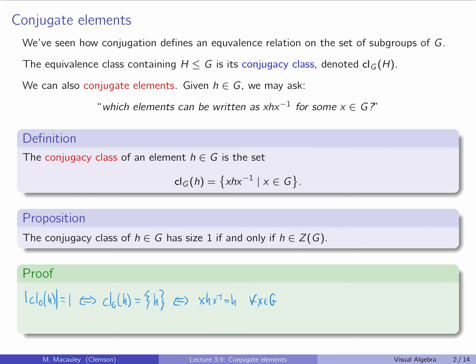Well, that's the same thing as saying that xh equals hx for all x in G, and that's the same thing as saying that h is central. We take a random element x and notice that xh equals hx. And that's the end of the proof.